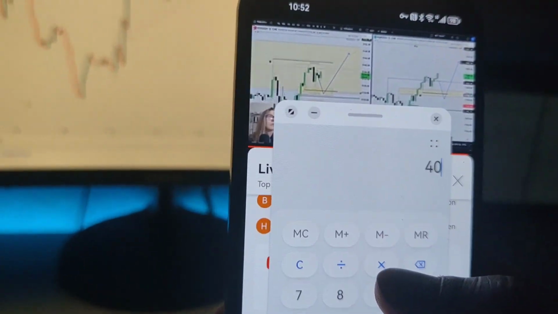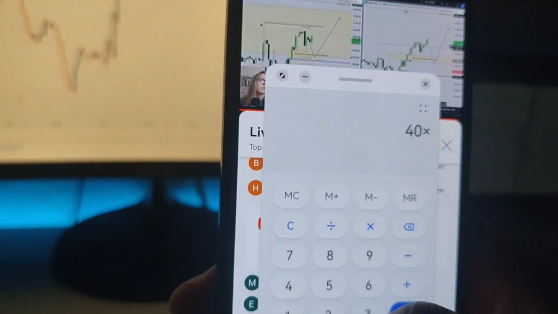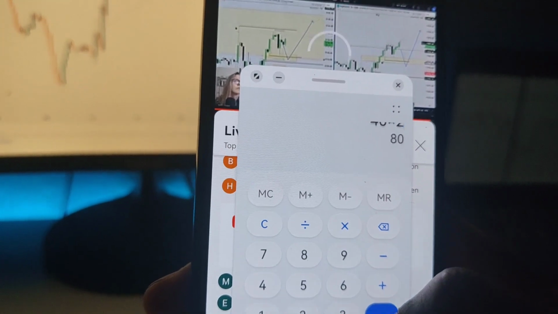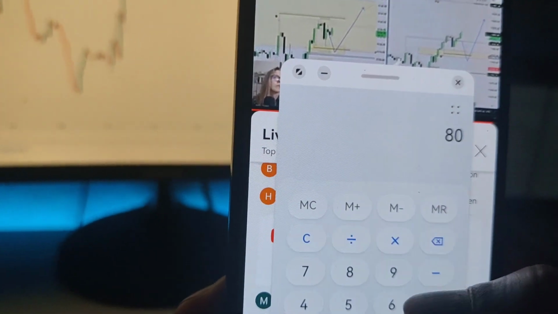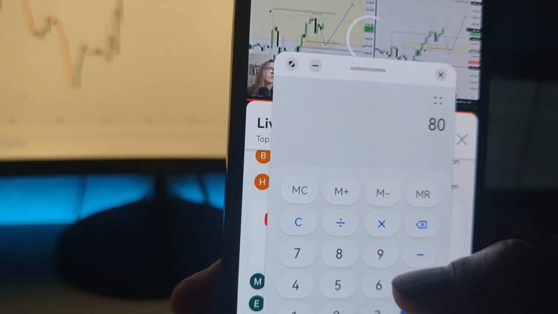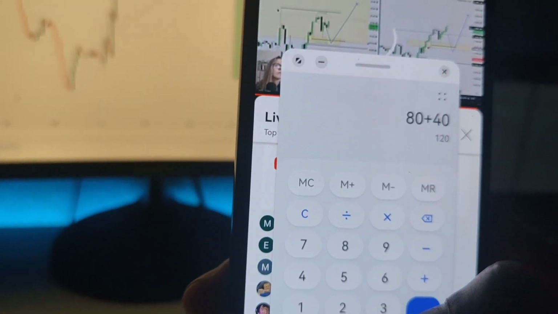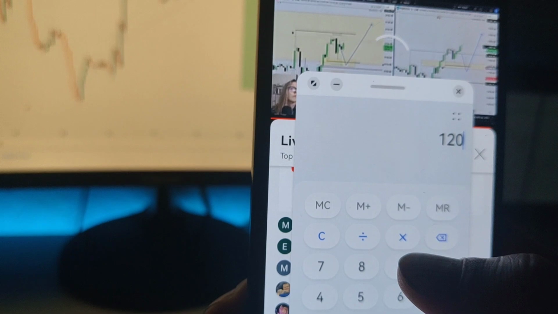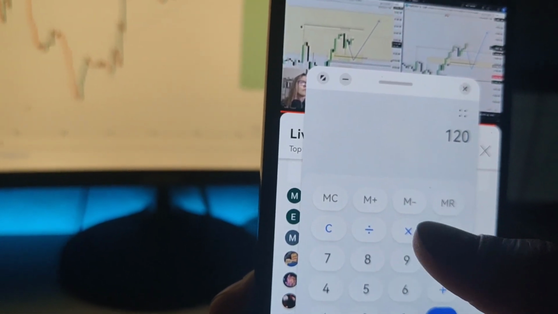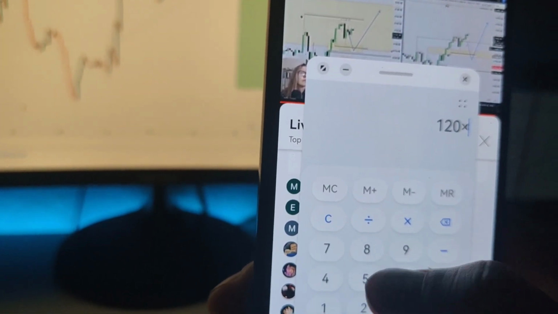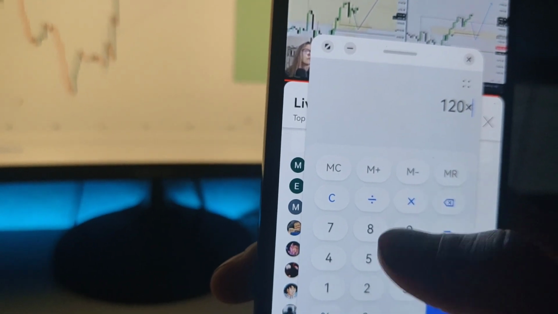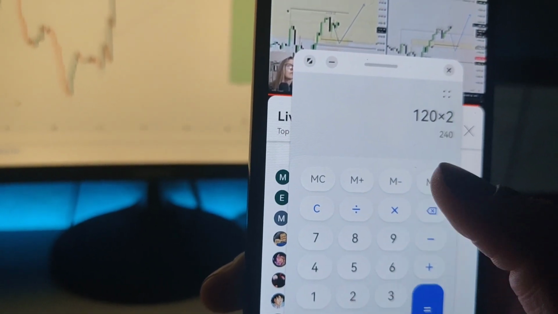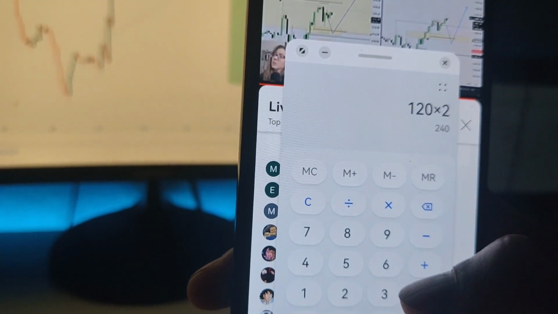Okay, let's say we get to 1-to-2. That's $80 profit. Then you need to add the original $40. That means after the first trade, you have $120. The rule is what? You must risk the whole $120 to make $240.